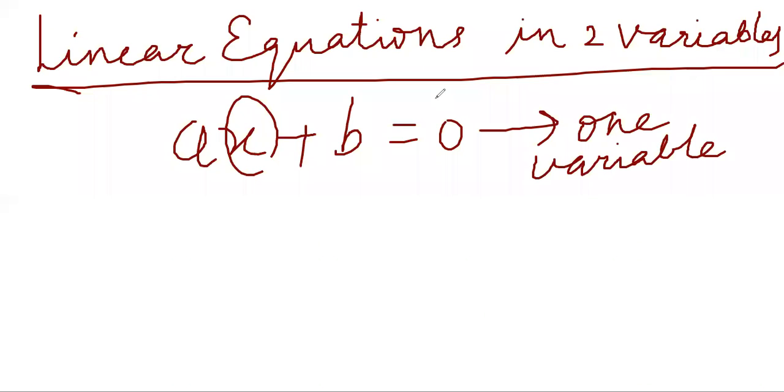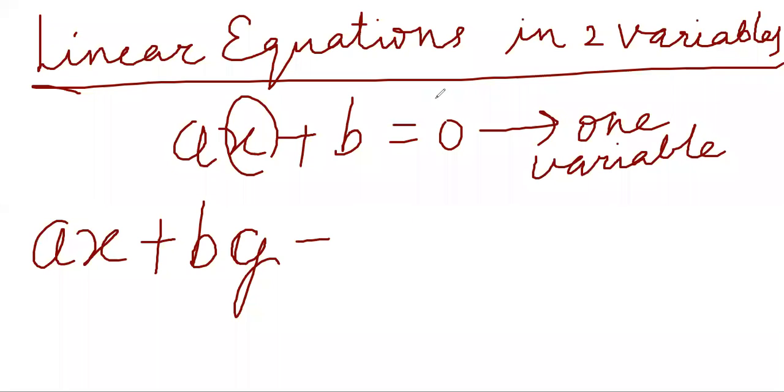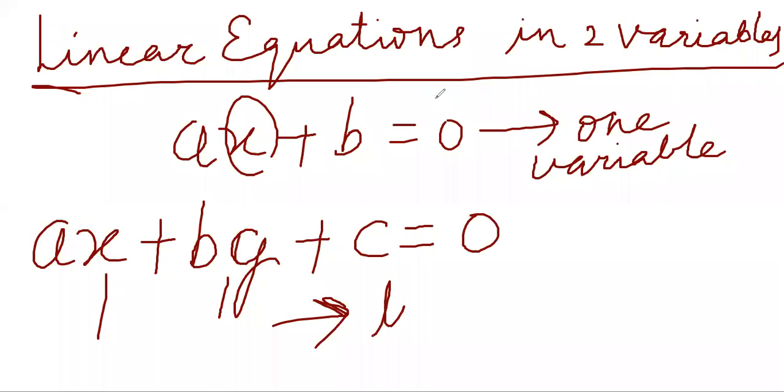Similarly for two variables, it will be of the form ax plus by plus c equal to 0. Here we are using two variables, so this is the linear equation of two variables.